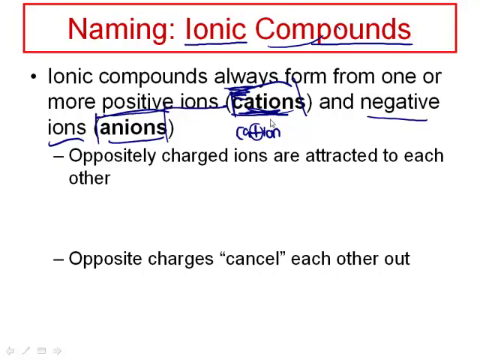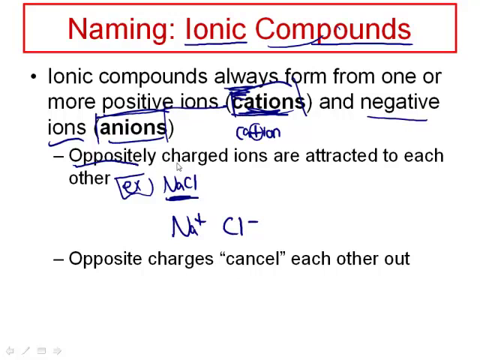Now, why do ionic compounds form, guys? The reason is simply because oppositely charged ions are attracted to each other. So, for example, let's consider the most common ionic compound you guys have experience with, which is table salt, sodium chloride. If we just consider one formula unit of sodium chloride, we have one sodium ion and one chloride ion that are attracted to each other, and they form this unit, sodium chloride.